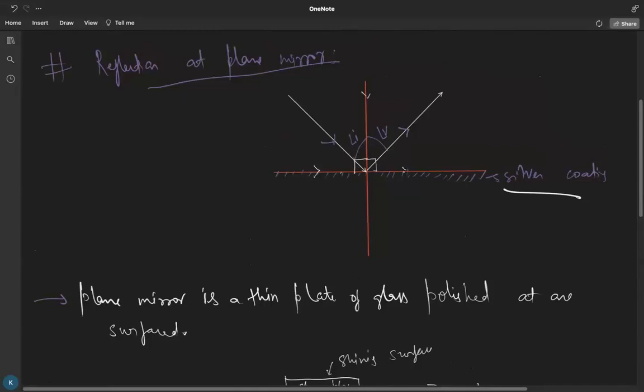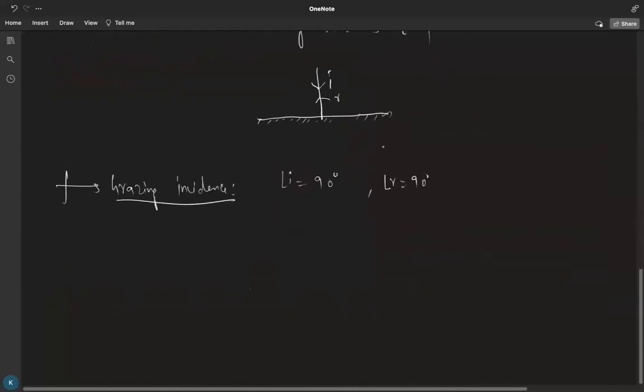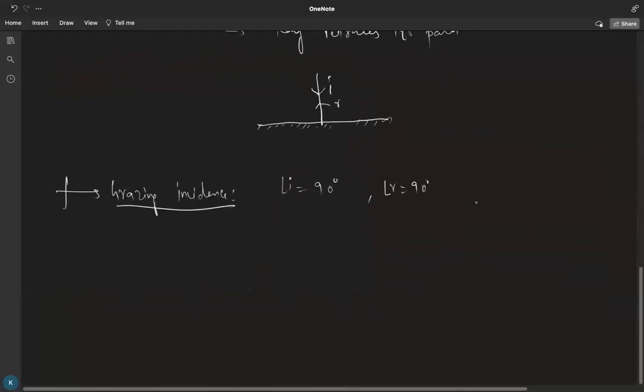So this ray is passing without changing path, right? So angle I is equal to angle R is equal to 90 degrees. So there is no change in path. If a ray of light is incident at an angle of incidence of 90 degrees, it just passes through without changing path.